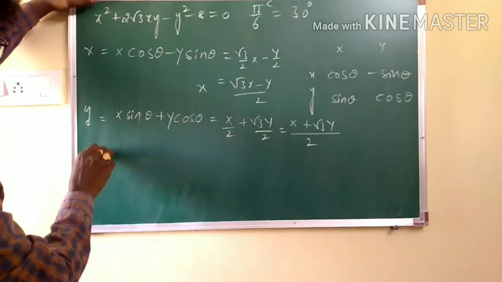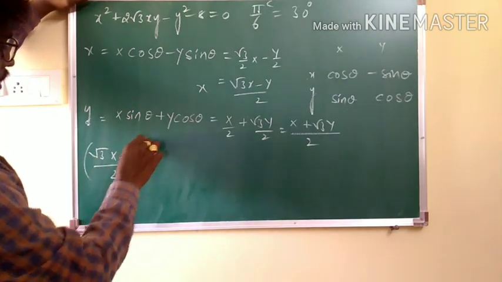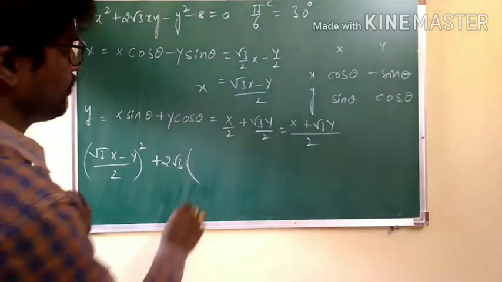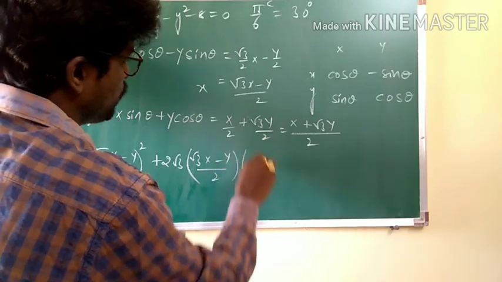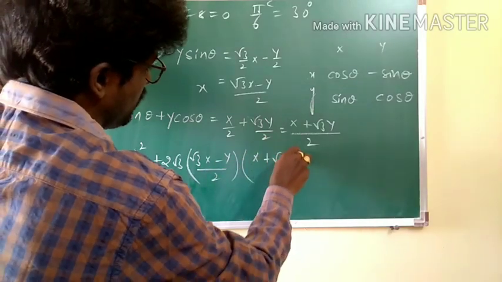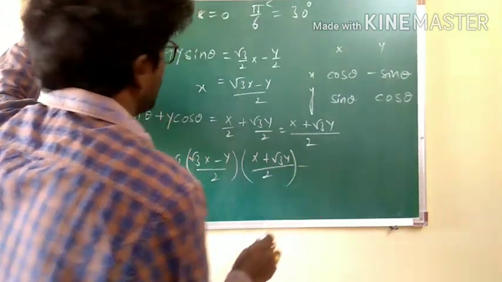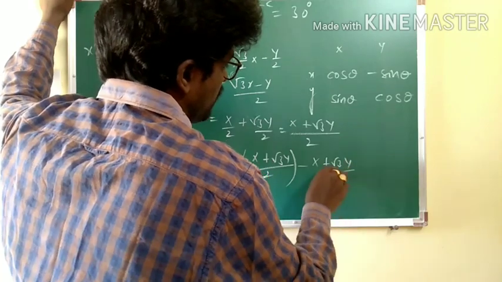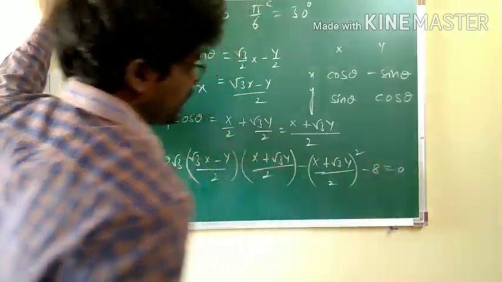X square means (root 3x minus y by 2) whole square, plus 2 root 3 xy means (root 3x minus y by 2) into (x plus root 3y by 2), minus y square means (x plus root 3y by 2) whole square, minus 8 is equal to 0.